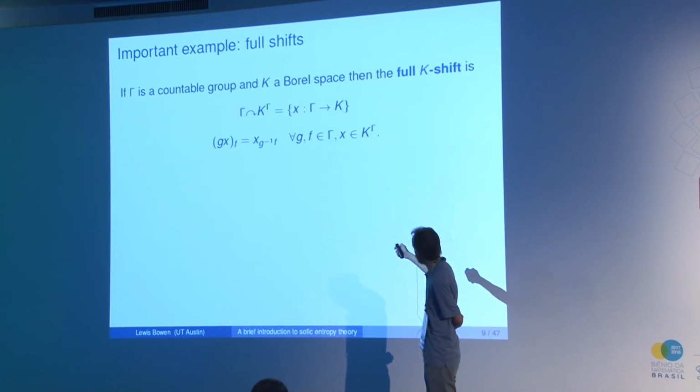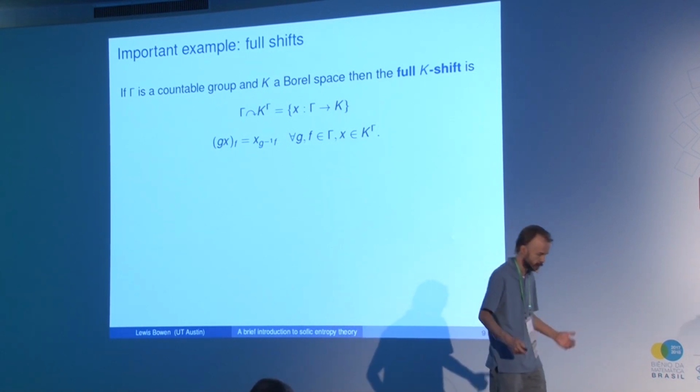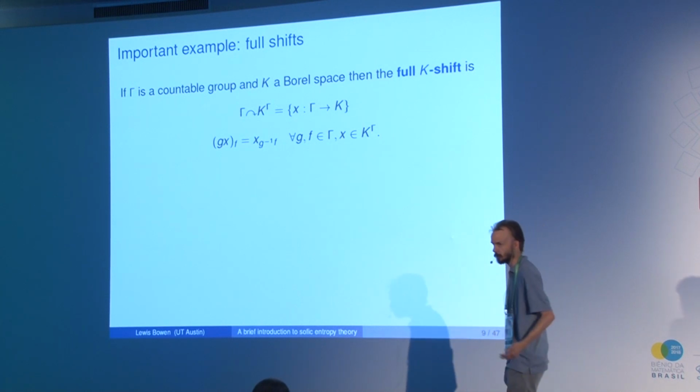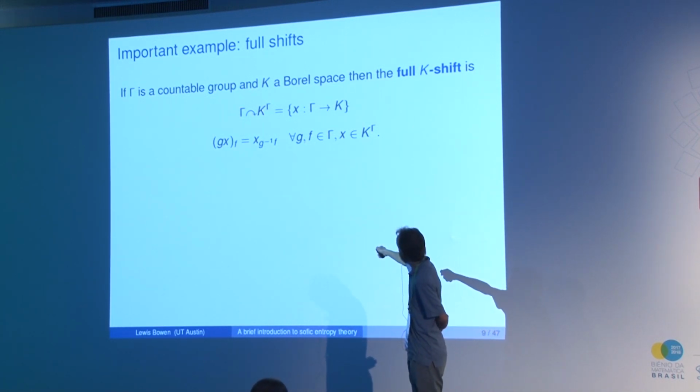So if K is a Borel space, and if you like, just think of K as being a finite set. That's already a very interesting case. Then the full K shift is the following.